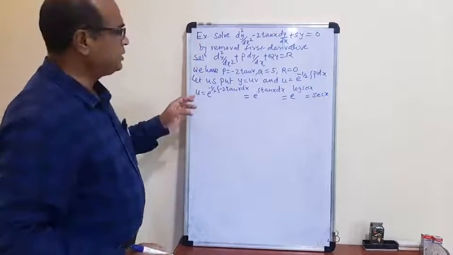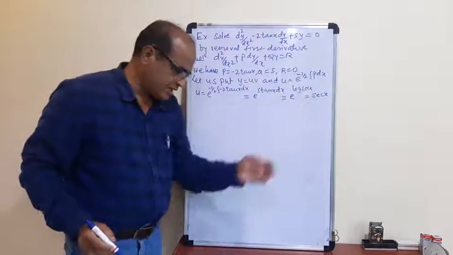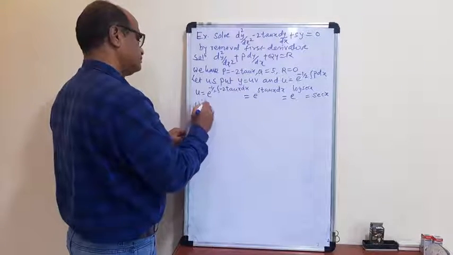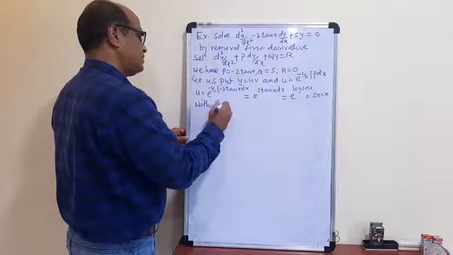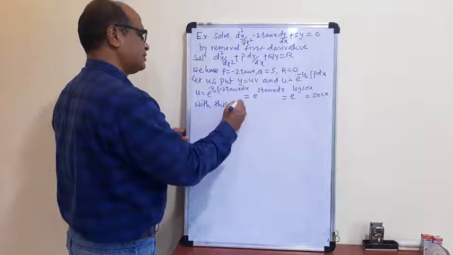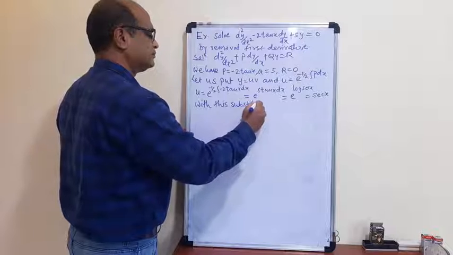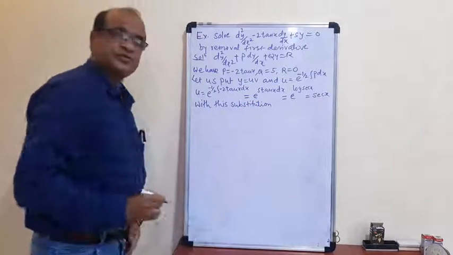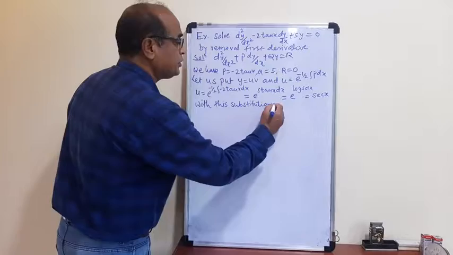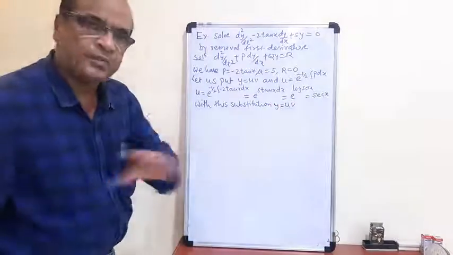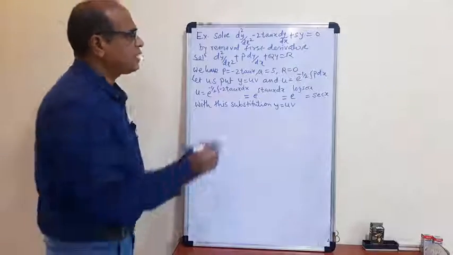So we find here u is sec x. With this substitution, that is y is equal to uv, y is equal to uv is the complete solution. So what is u?